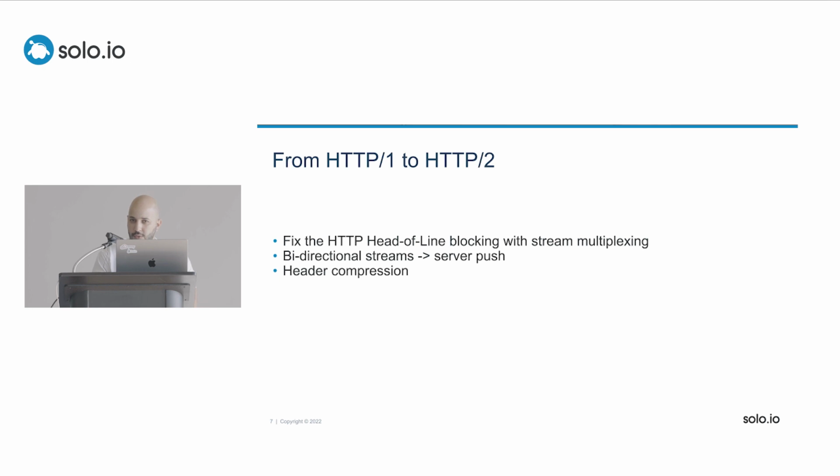HTTP2 helped a lot with a lot of the problems that we had with HTTP1. Mainly, head of line blocking. It improved it, didn't fix it. Head of line blocking in HTTP means if we are sending traffic through TCP, I'm sending packets for my request and so on, and there is a problem, one packet is lost for some reason, then we have to send everything back, right?